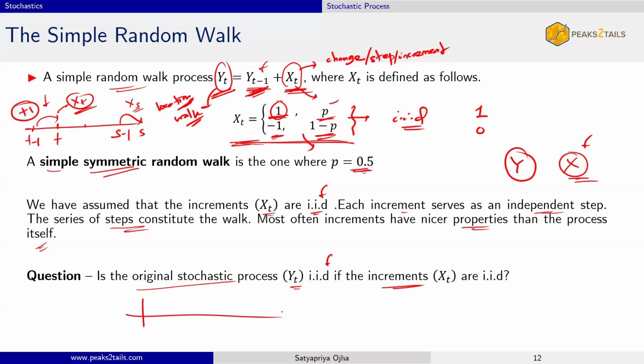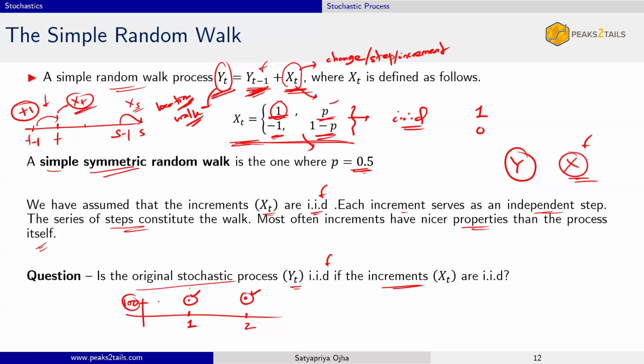So this is my stock price starting with 100. What happens in future at this point? Let's say after 1 day, after 2 days, I'll have some random stock price here. The distribution of stock price here and here, are those identical and independent? Short answer: not IID.